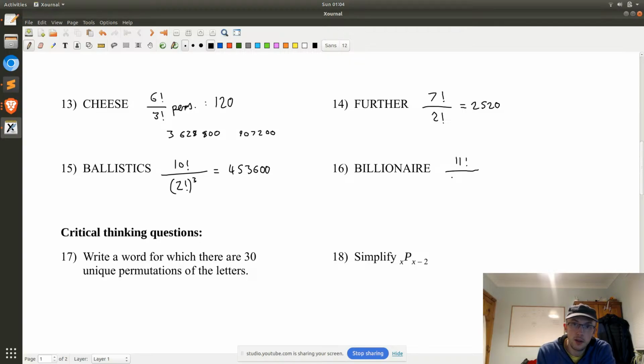And I occurs 3 times, L occurs twice. Now 11 factorial, try my best. 39,916,800, and that has to now be divided by 12.